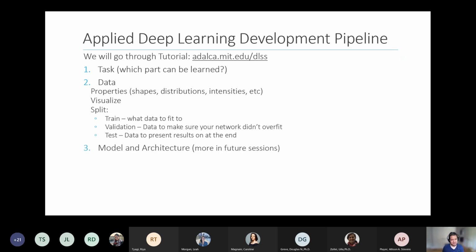And then it's probably time to start thinking about a model and an architecture. I tend to separate these. I think of the model as the relationships between the entities in your problem. So maybe the MRI and the diagnosis, or the MRI and the segments, anatomy, the segmentation, things like that.